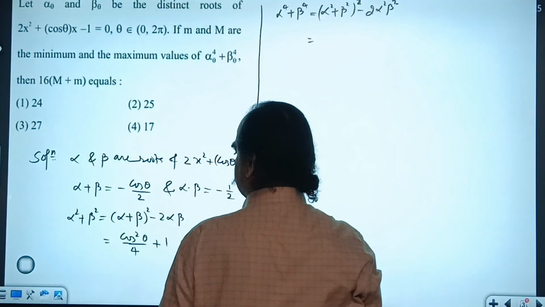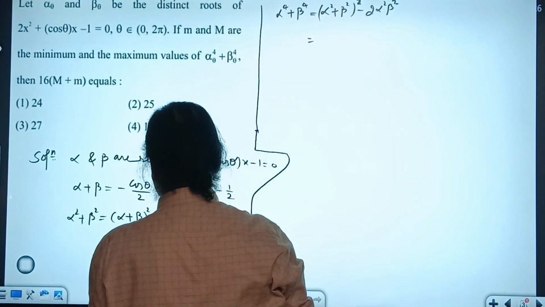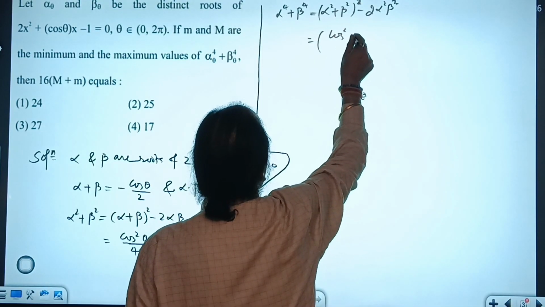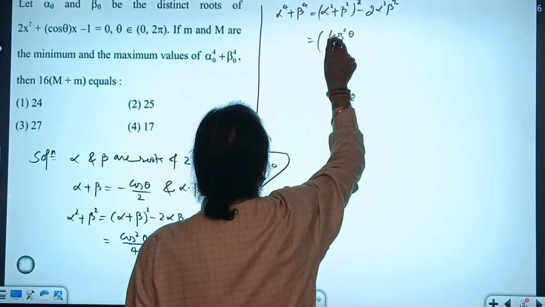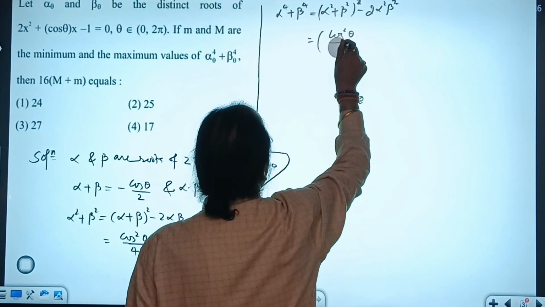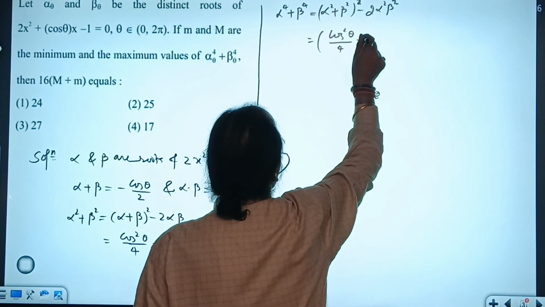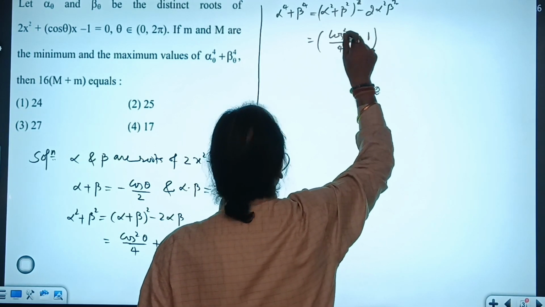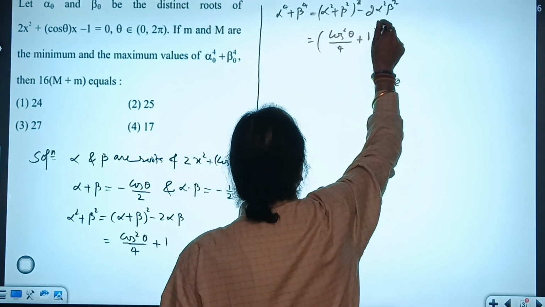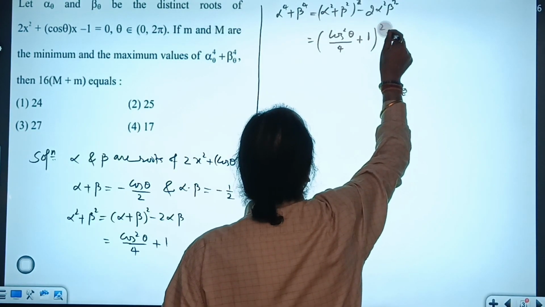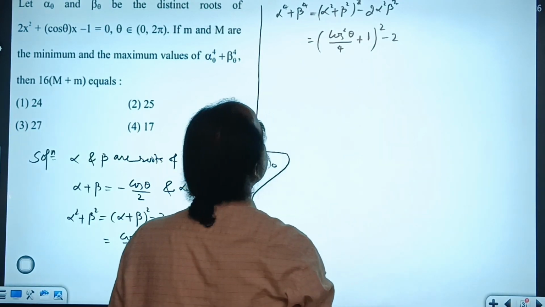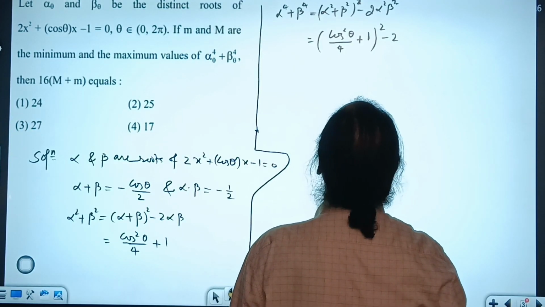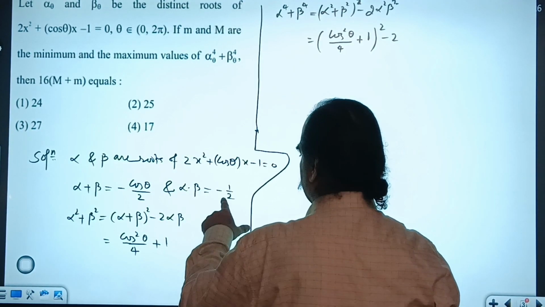And alpha square plus beta square we got cos square theta upon 4 plus 1, the whole square, minus 2 into alpha beta the whole square, which is what?